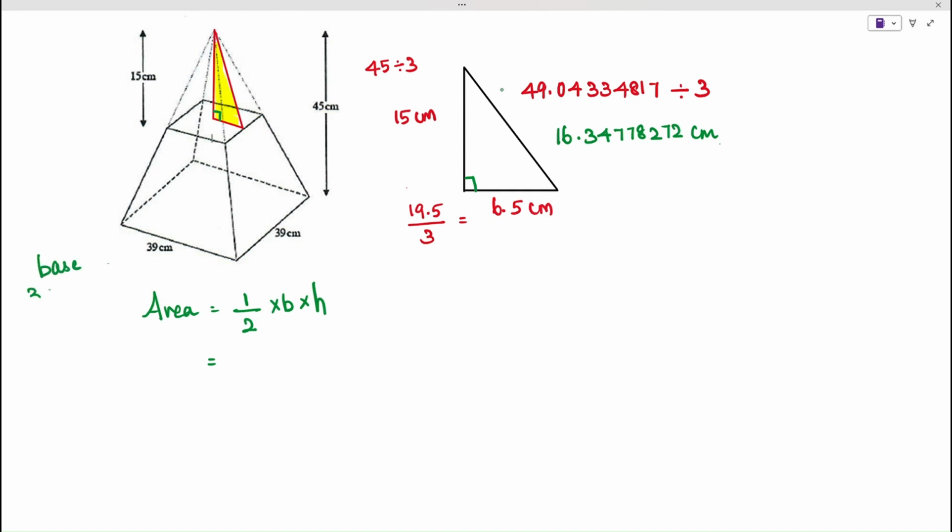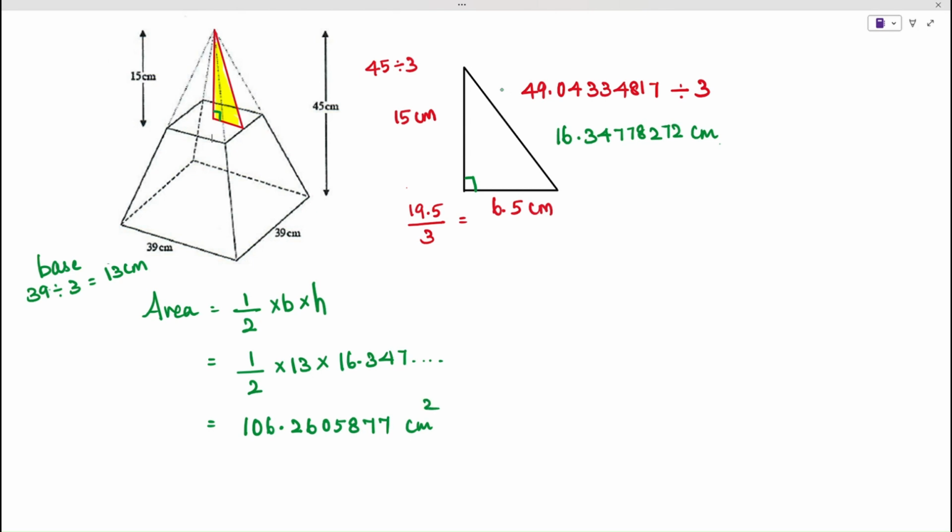So our base for the smaller pyramid that's getting cut off is 13 centimeters. We have our height as 16.347, and so on. If we plug this into our calculator, we get our area as 106.2605877 centimeters squared.